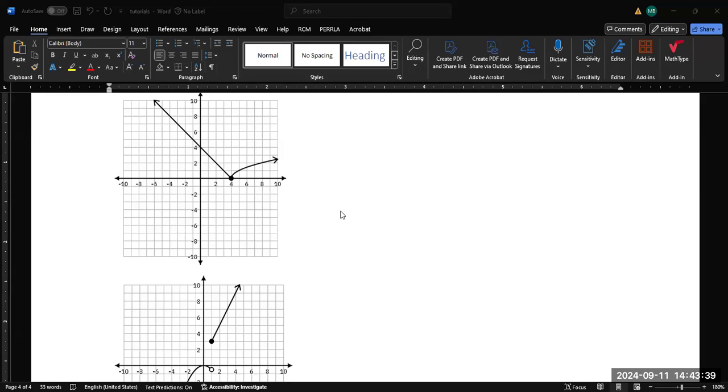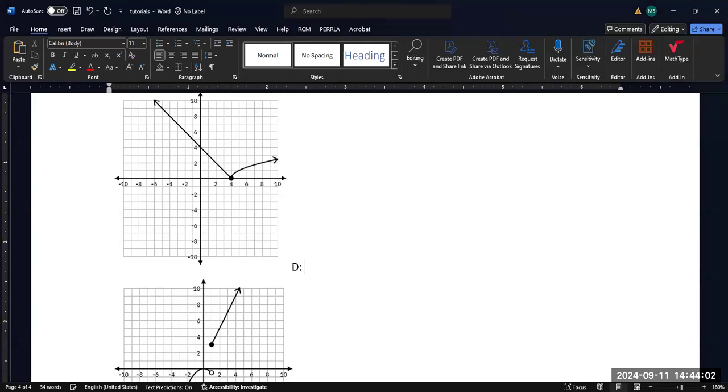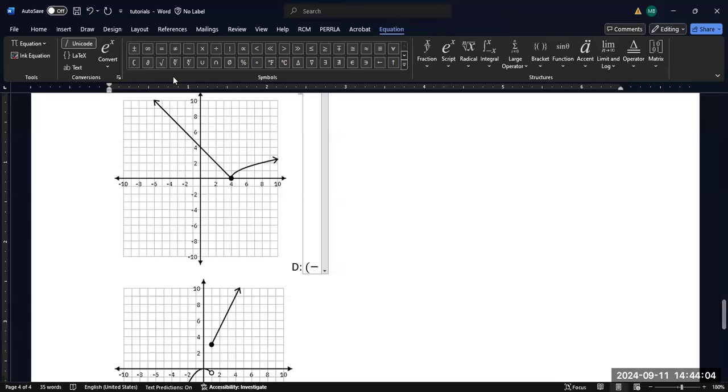So when we look at our first graph right here, the thing that we want to notice is that, again, there are no breaks when you look at your x-axis all the way across. There are no jumps. There are no values that are skipped over. So we would say that this domain is -infinity to infinity. It's all real numbers.